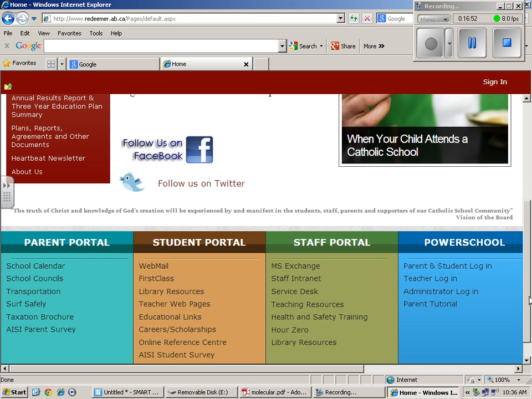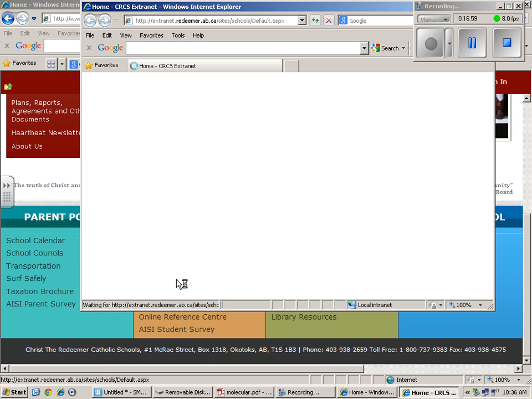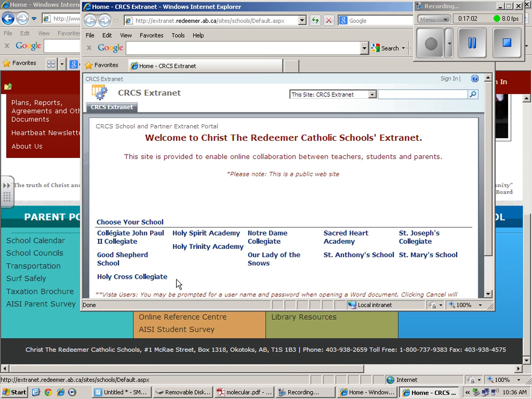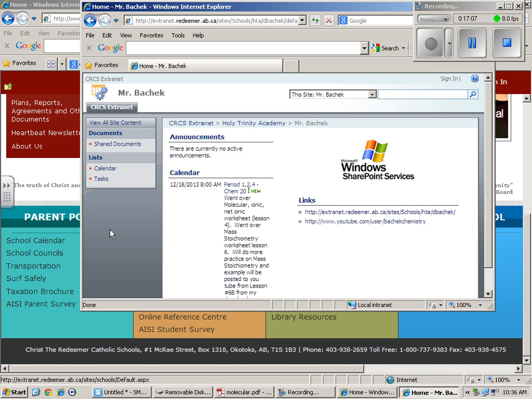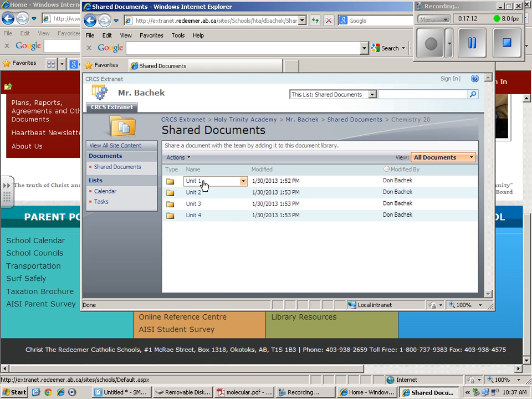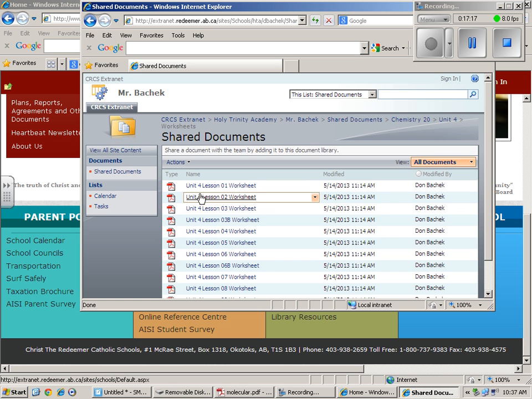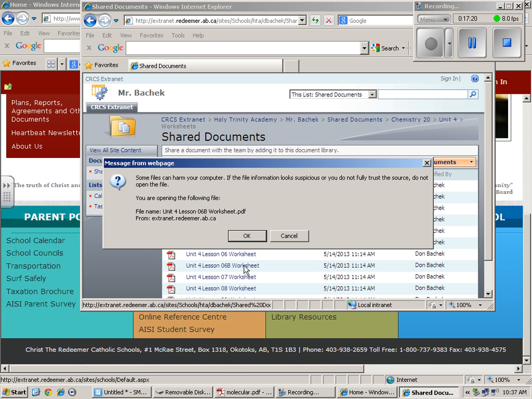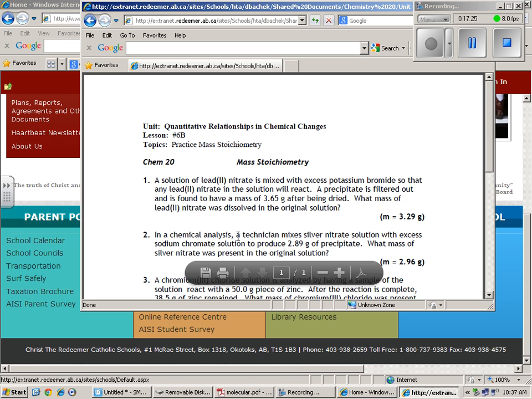There we go. Okay, so that's the worksheet we're working on today. Well, I did change it there, 6B. I don't know what happened there. Okay.